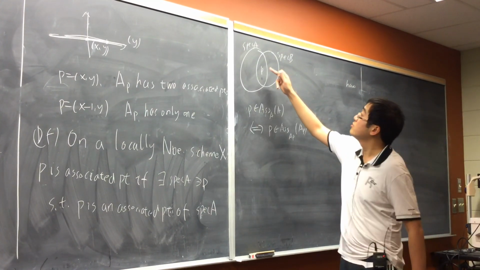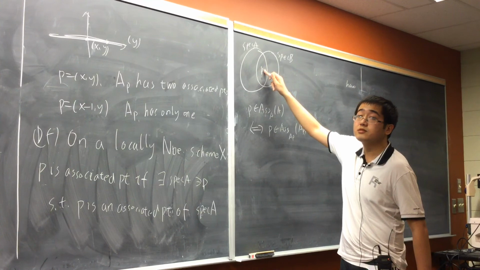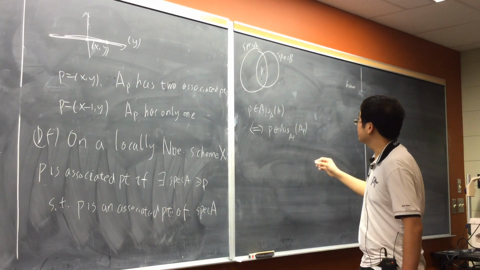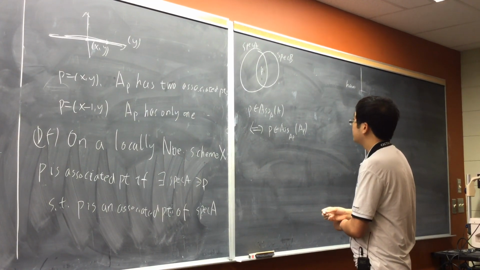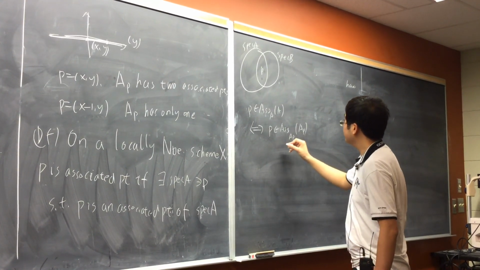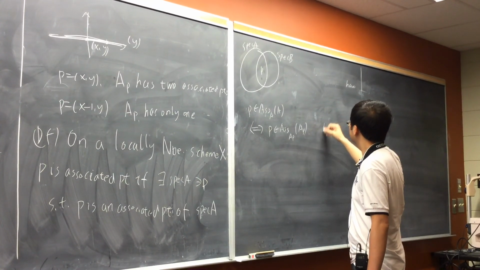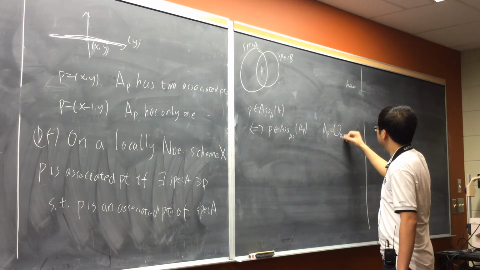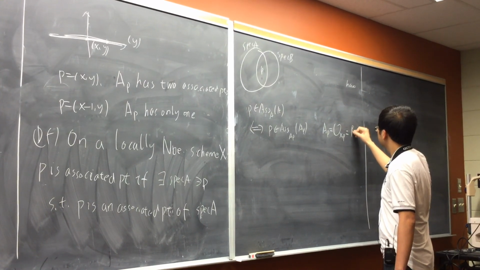So we can look at the localization just at P, since at that point, P is also in B. So A_P is equal to O_{X,P}, which is also equal to B_P.